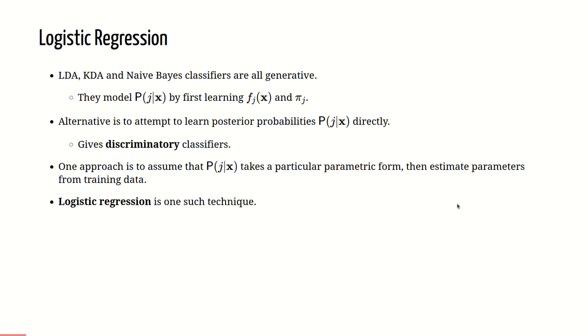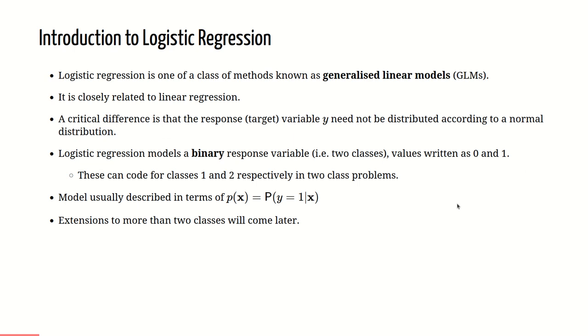So there's a little bit of wordplay there. One approach to creating a discriminative classifier is to assume that the probability we're interested in takes a particular parametric form, i.e. that we've got an equation directly that relates the x's to that probability. And logistic regression does this.